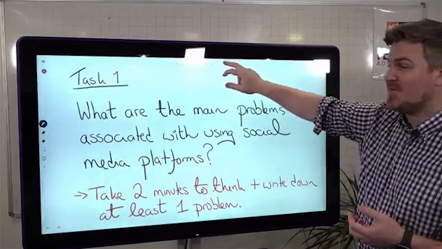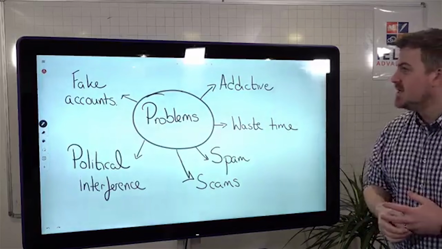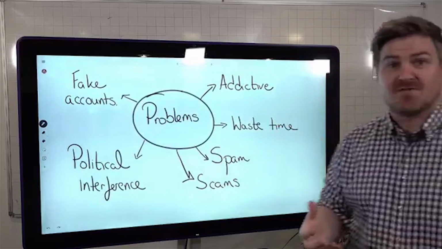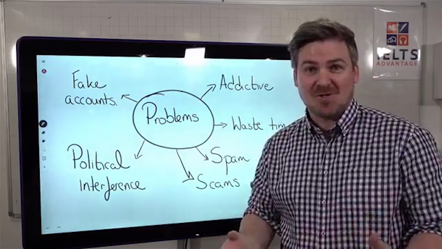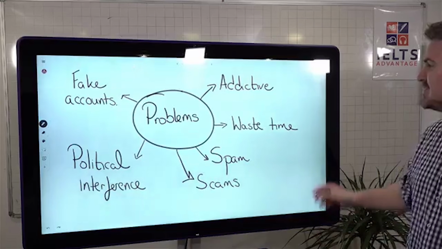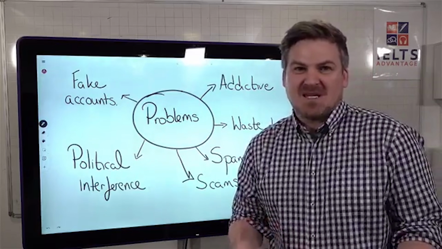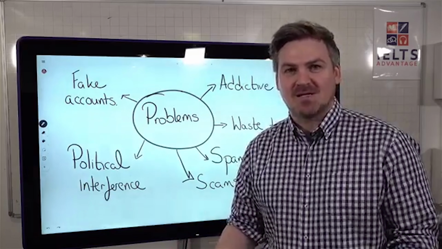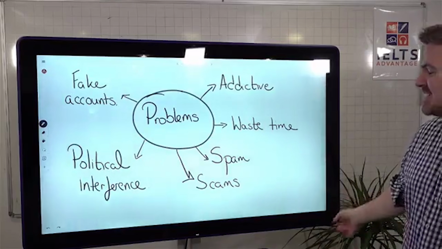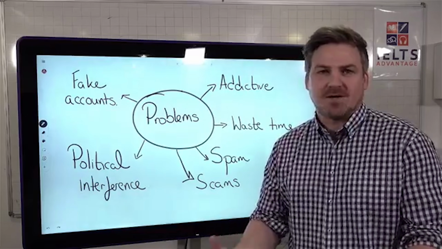Okay, so you should have paused the video, and let's look at some common ideas. Many people don't like to use social media because it is very addictive, and they do nothing but all day, every day, just look at Facebook and Instagram and Twitter and all those things. Related to that, you're wasting a lot of time. You're not doing anything really productive unless you're watching one of my lessons on social media. There's a lot of spam on social media, so you're not actually looking at things that are interesting to you.